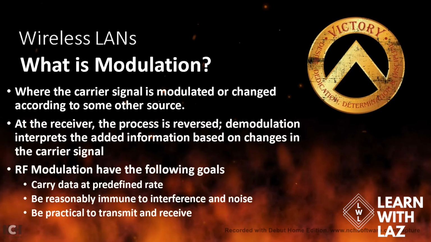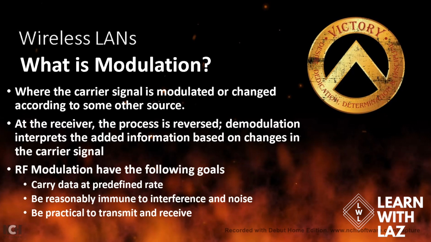Again, that is where the carrier signal is modulated or changed according to some other source. You have the standard that you're using, and you have this carrier wave. The modulation, the intelligence that is put inside that wave, is going to shift at certain lengths. It may be compressed, it may be longer, wider.